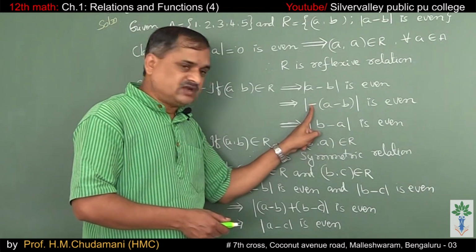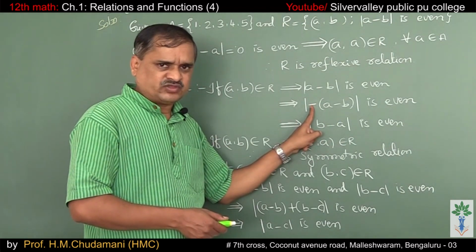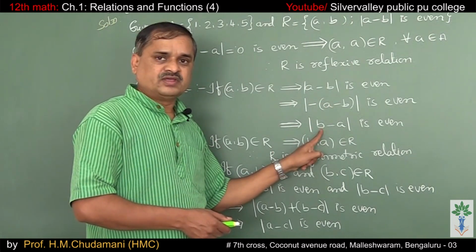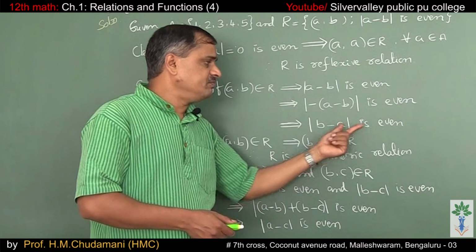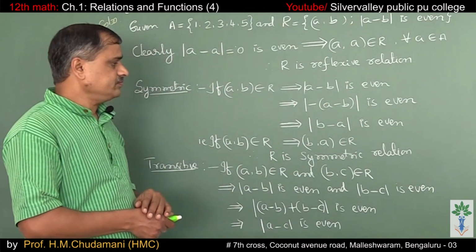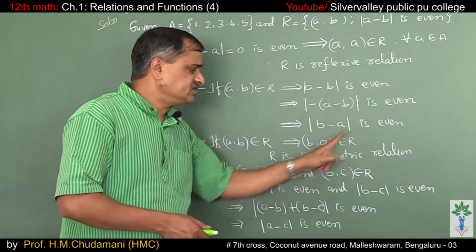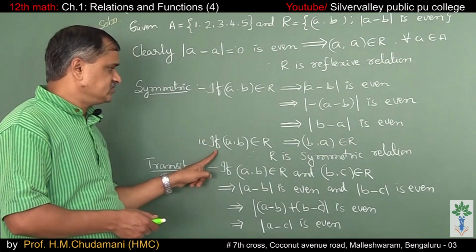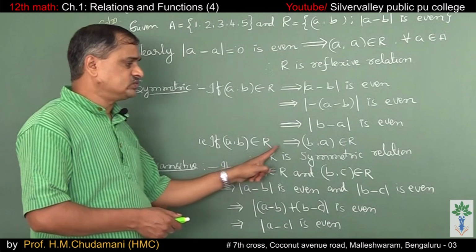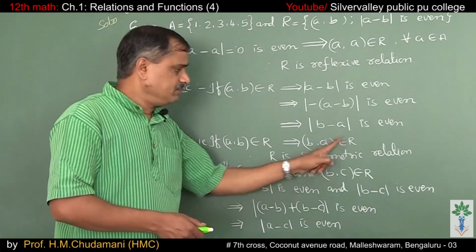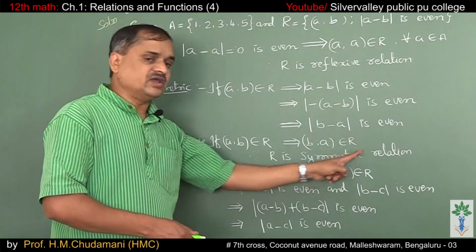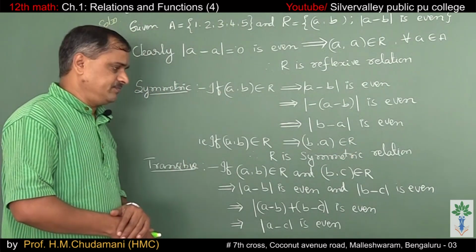Removing the bracket, we get minus a plus b. That means modulus of b minus a is even. Modulus of b minus a even means (b, a) belongs to R. That means if (a, b) belongs to R, it implies (b, a) belongs to R. As per the definition, R is a symmetric relation.